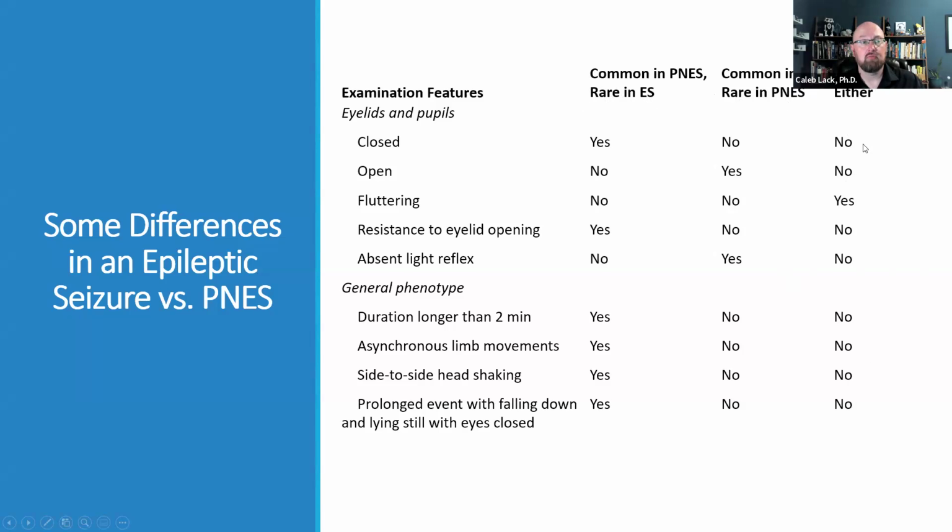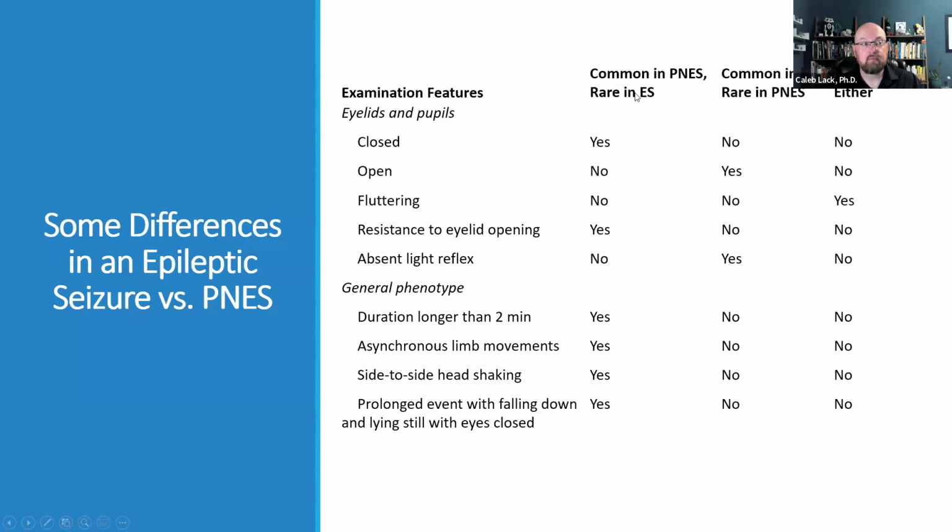And then there are some that could be present in either one of these. So if you're not familiar with what an epileptic seizure looks like, you would see someone have a non-epileptic seizure and you would say they're having a seizure. But a neurologist who's really, really comfortable with and understands these differences can tell them apart pretty quickly.